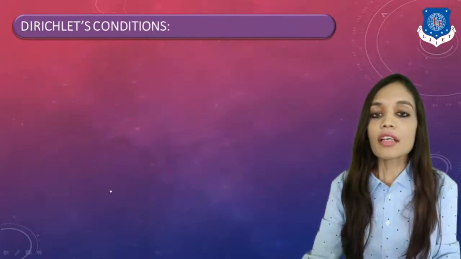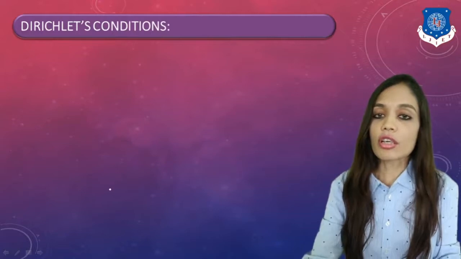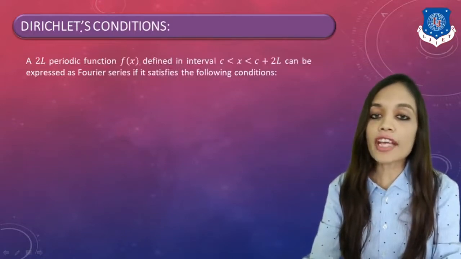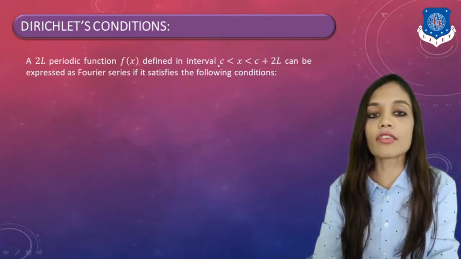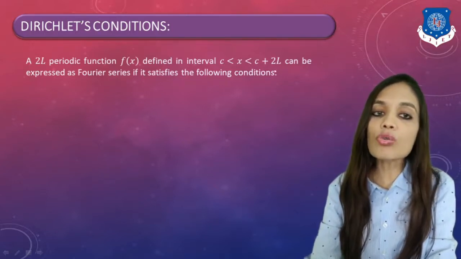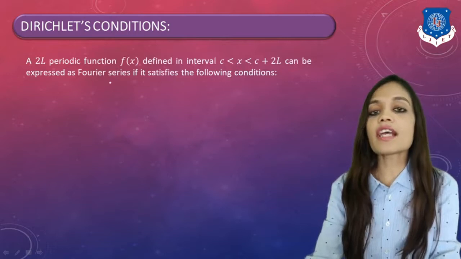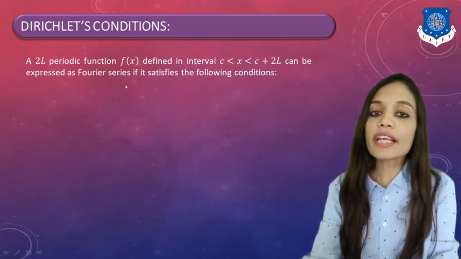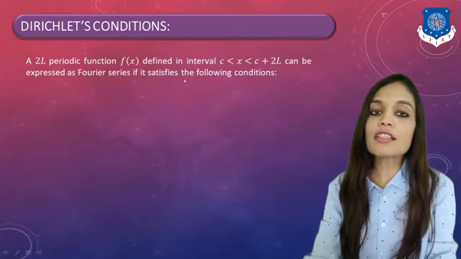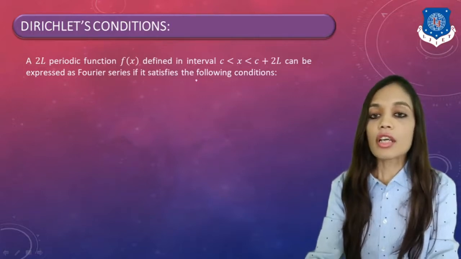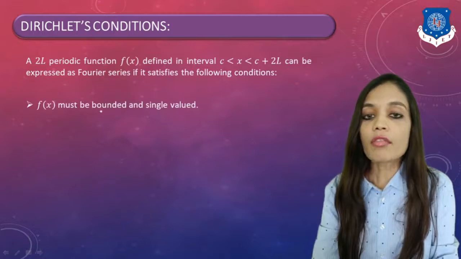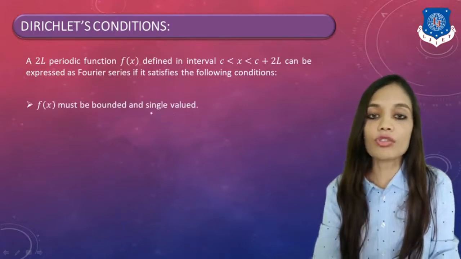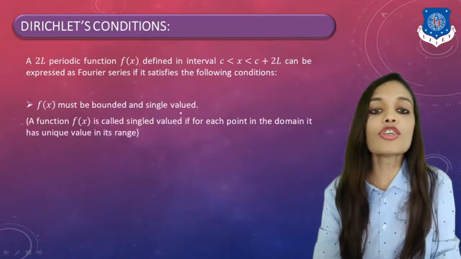Now let's see the Dirichlet conditions. A function f of x which is 2L periodic and defined in the interval c to c plus 2L can be expressed as a Fourier series only if it satisfies the following conditions. First condition is f of x must be bounded and single valued. So what is a single valued function?